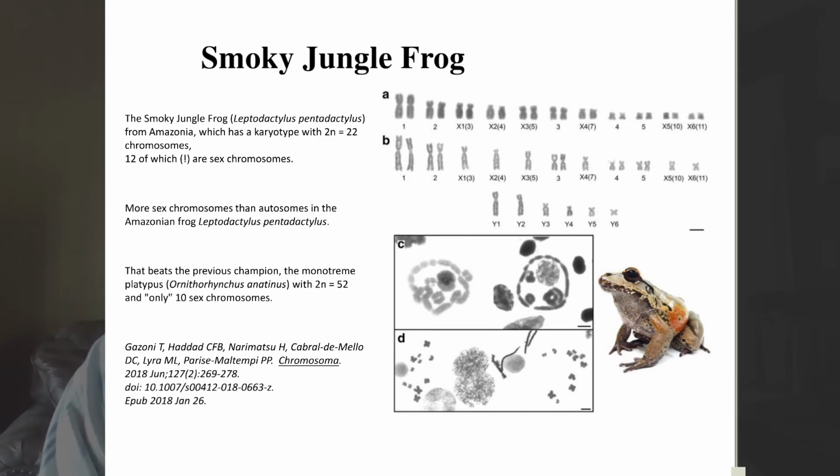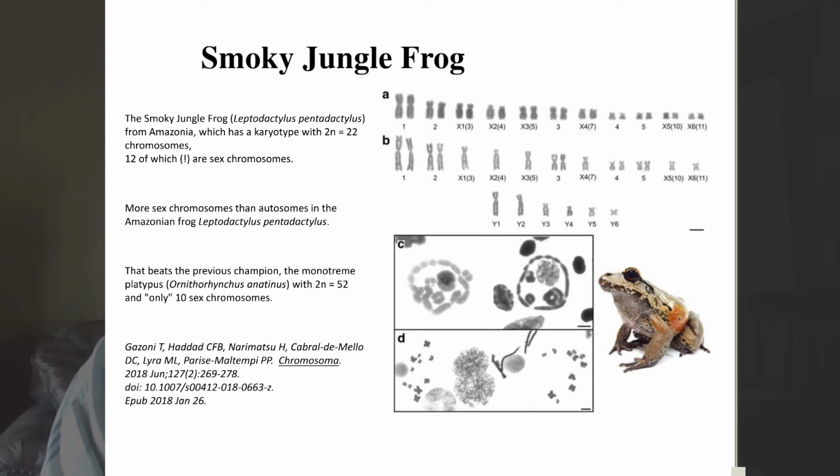And the interesting thing about the Smoky jungle frog, and you can see the karyotype here, in this case, the diploid number of chromosomes of the Smoky jungle frog is 22, and in fact, more than half of its total number of chromosomes are actually sex chromosomes. So 12 out of 22 are actually sex chromosomes, and you can see them numbered both X's and Y's.